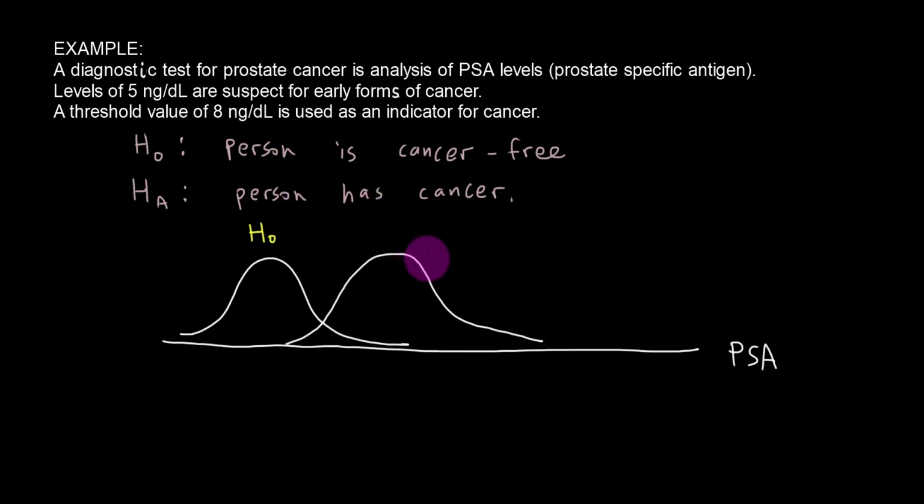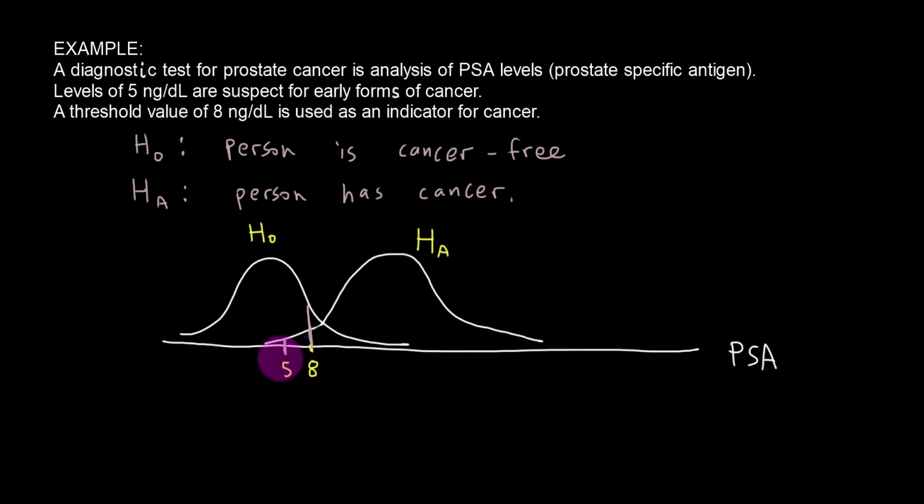So this is the distribution of PSA levels for the folks with cancer. And I'm going to put a tick mark for 8 here and another one for 5 there. I'm going to put a vertical line here just so it's clear in my explanation to follow.